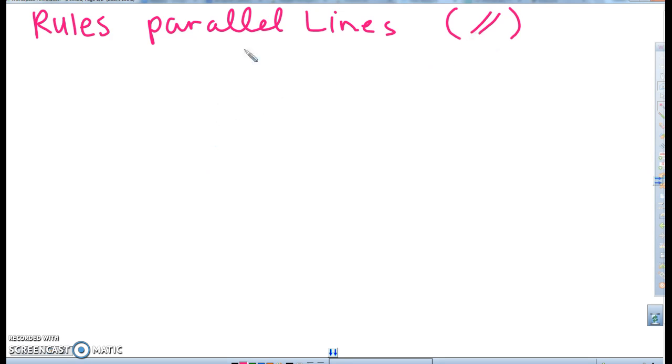Okay? So let's talk about the rules for parallel lines. The first rule is that all horizontal lines are parallel to each other and to the x-axis.